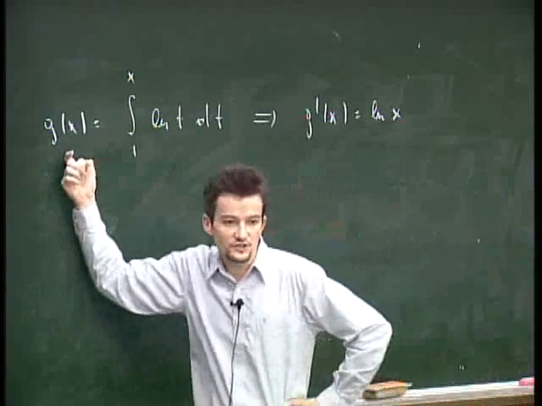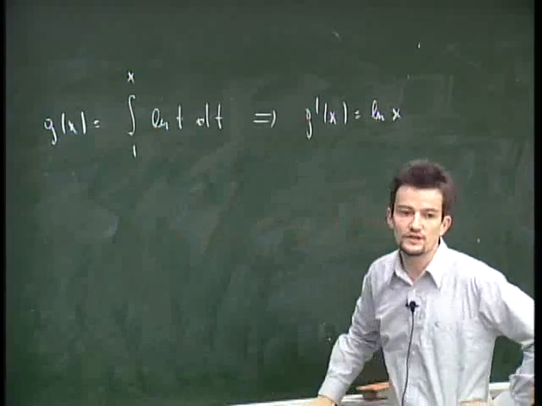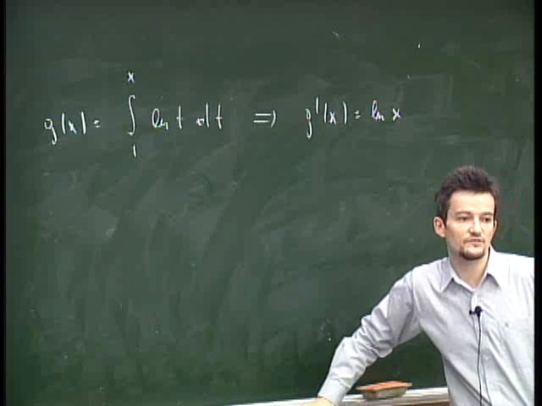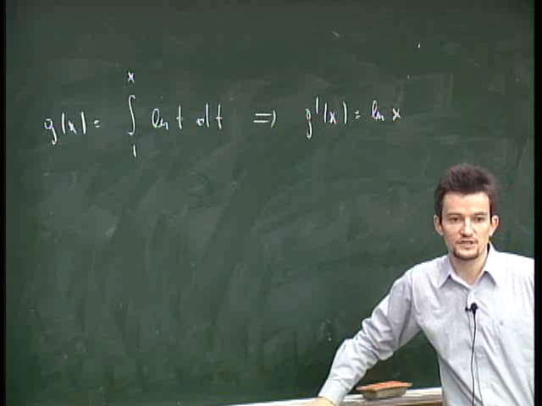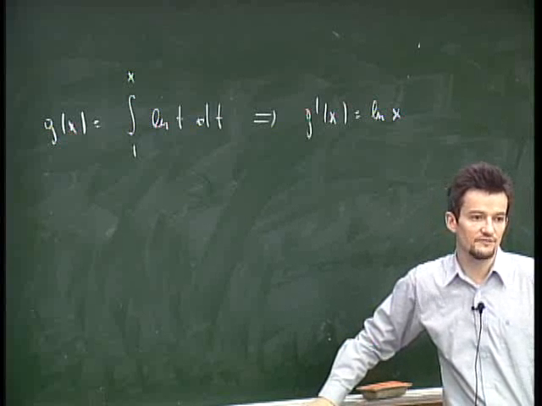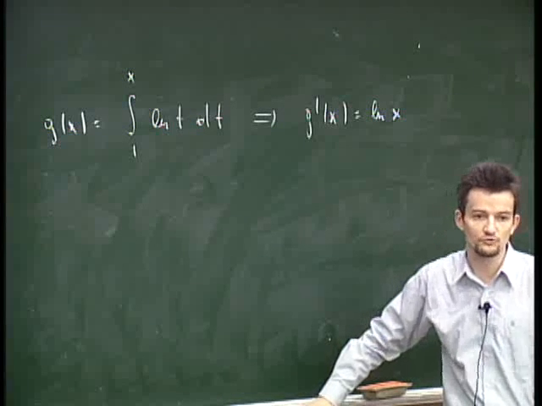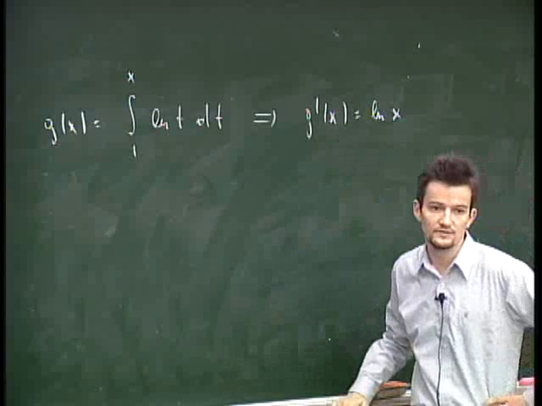Whenever you define such a function, you can discuss properties of this function, like where is the function increasing, where is it decreasing, where is it concave upward, where is it concave downward, and so on, because you have access to the derivatives.